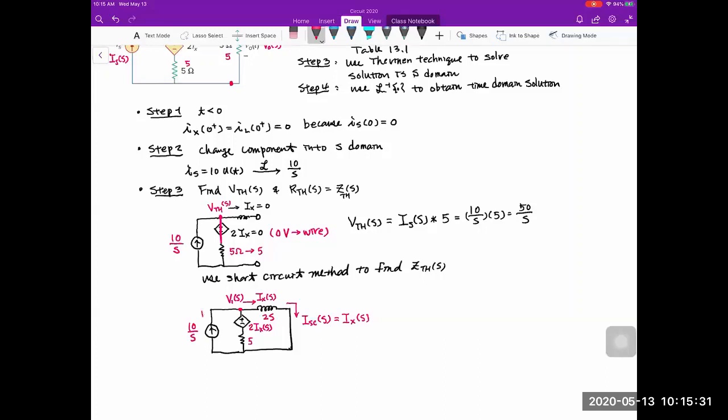So I have a current coming from the left, which is equal to 10 over S. I also have current going to the right, which is I sub x. And what about the current going down? I don't know, but I can write down what that current is, and just say this is I sub 1.